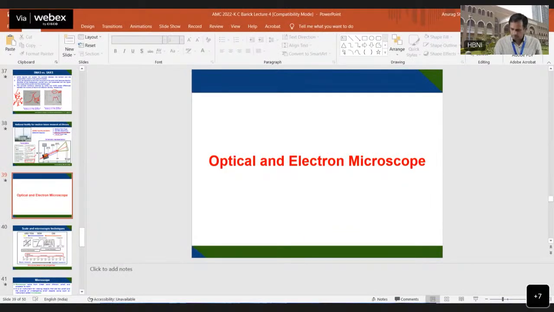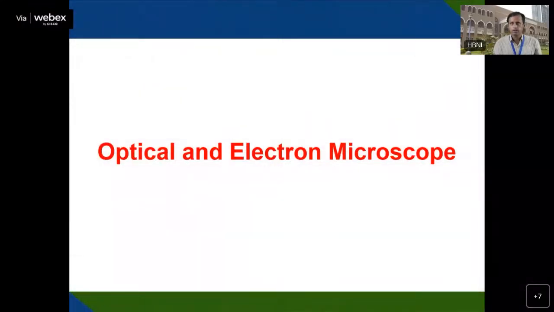On optical and electron microscopes, we will study the basics of the microscope today, and in the next class we will discuss the scanning electron microscope and the transmission electron microscope. So far, what we have studied is based on scattering techniques, either X-ray or neutron.